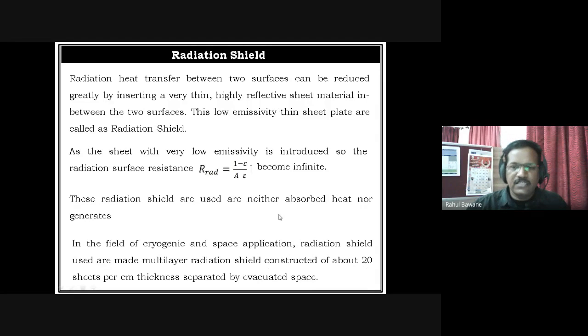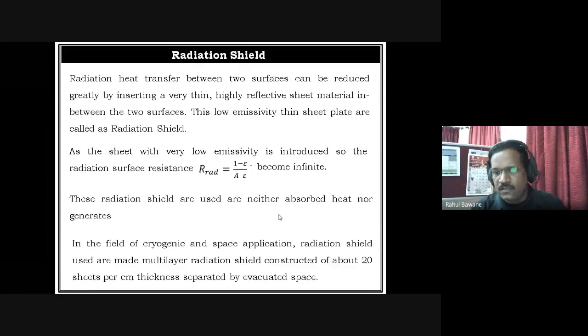Imagine 20 reflective sheets in 1 centimeter thickness, and all the sheets are separated by evacuated vacuum space, so they are not in direct contact. Such a radiation shield is used in cryogenic or space applications.